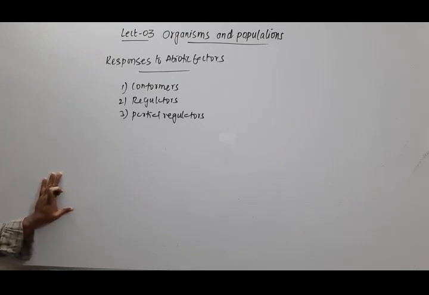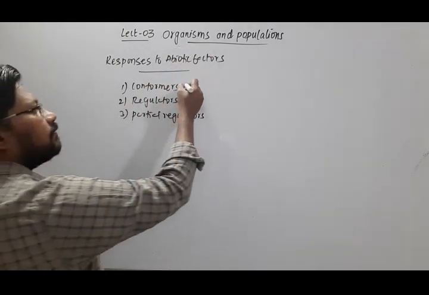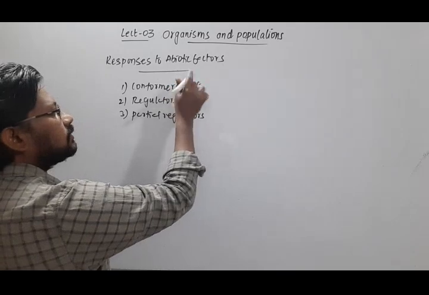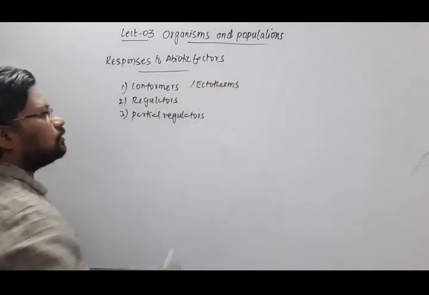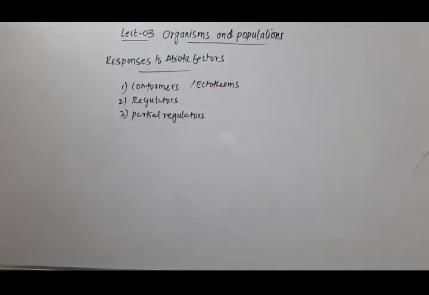Conformers are the ones that do not maintain a constant internal environment. Conformers are like poikilothermic animals, or I can say they are ectotherms. The conformers are ectotherms.